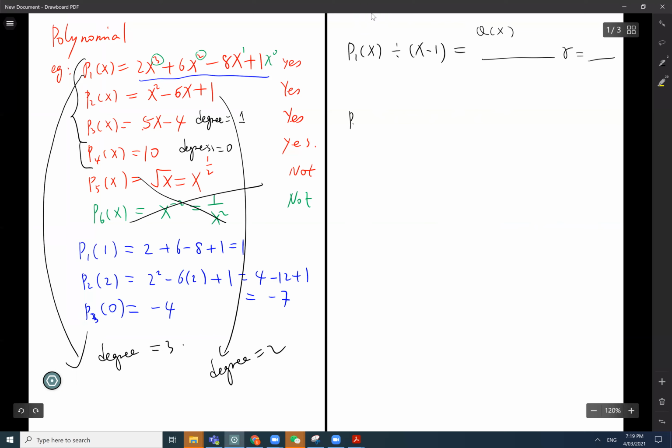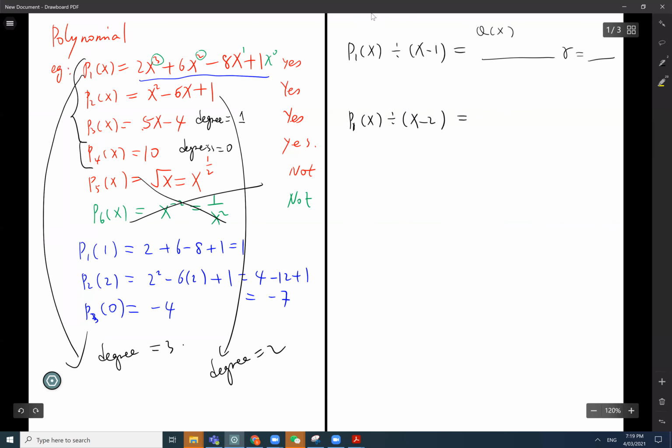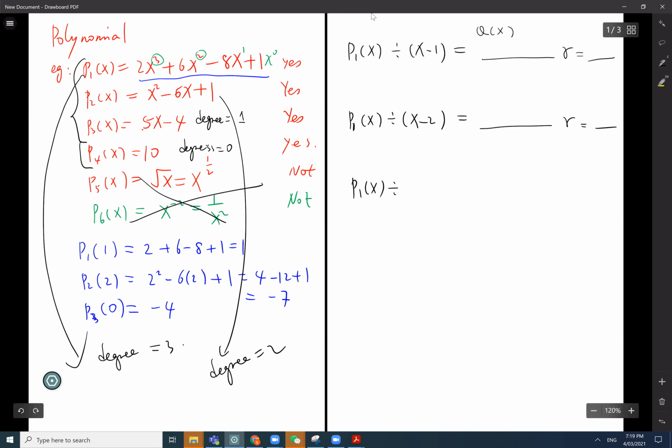If P1 divided by x plus 2, minus 2, we'll make it easier first. What's the quotient? Remainder? If P1 is divided by x plus 1, what's the quotient?